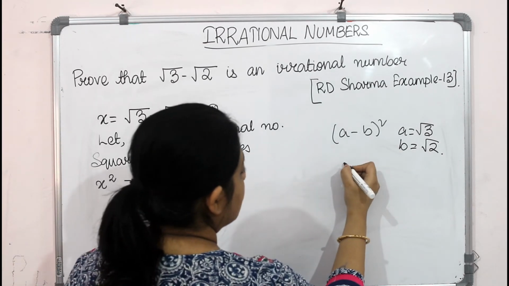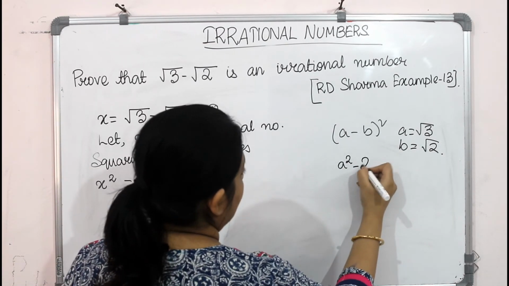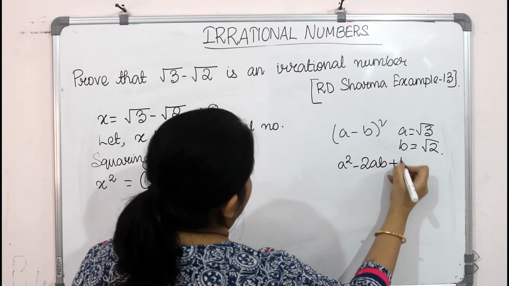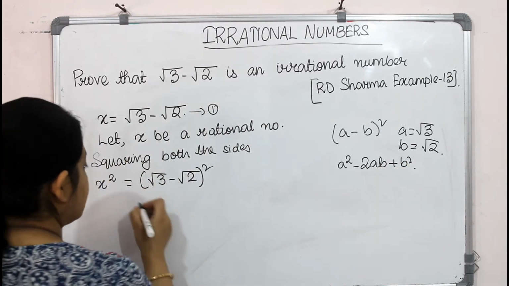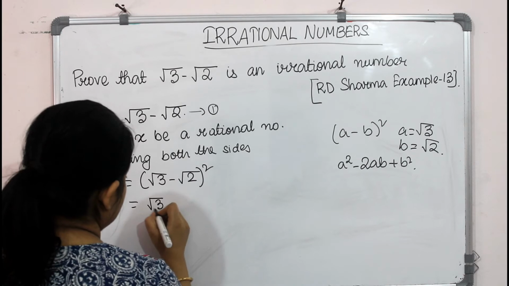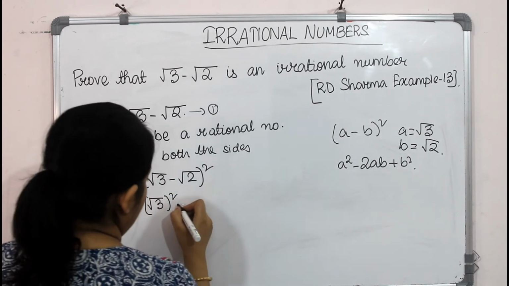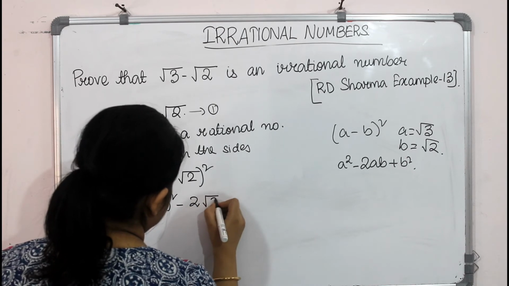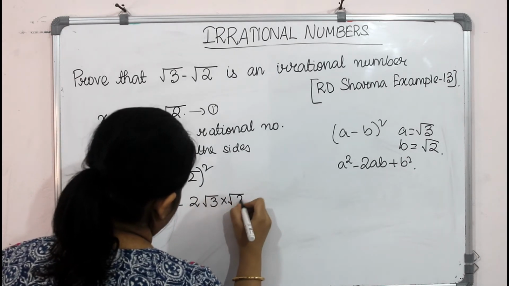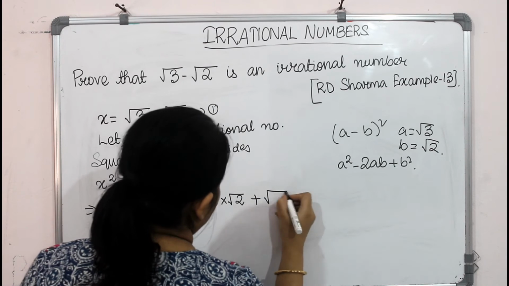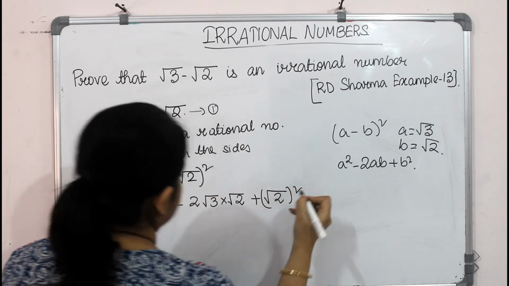So a minus b whole square is what? A square minus twice ab plus b square. So a square is root over 3 whole square minus 2 into root over 3 into root over 2 plus root over 2 whole square.